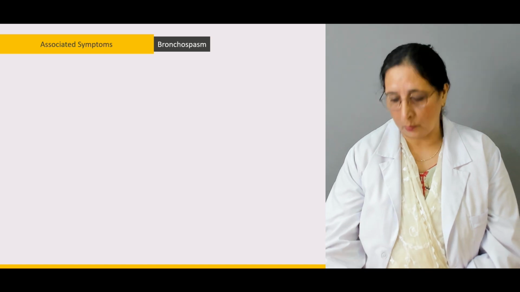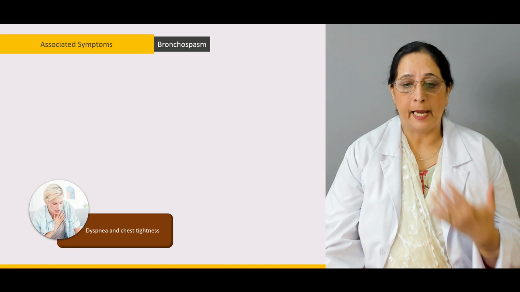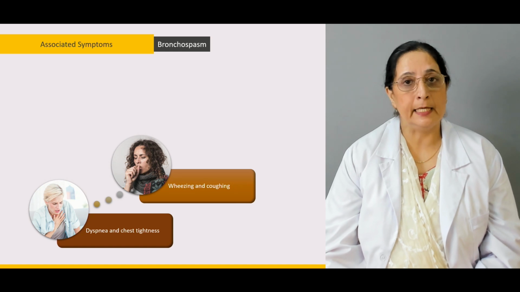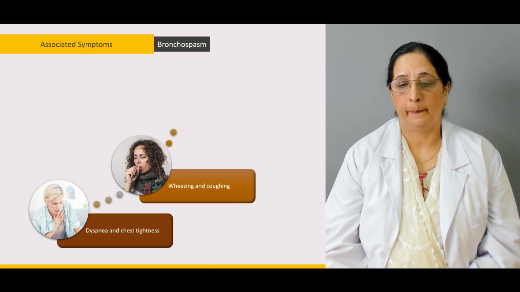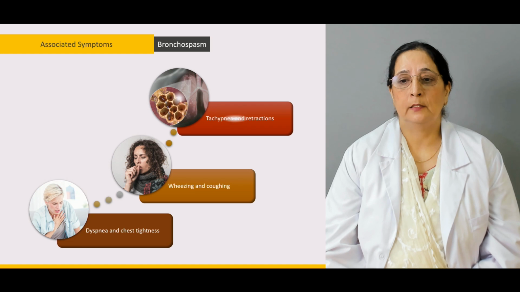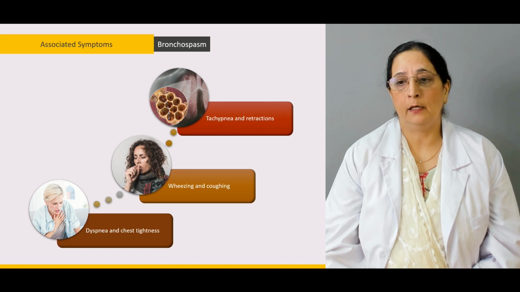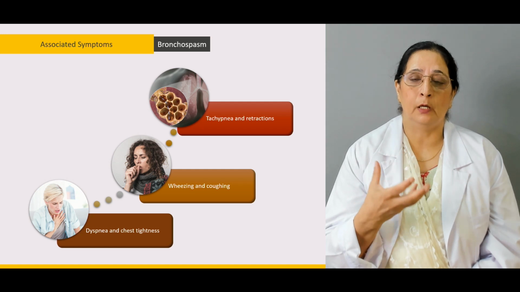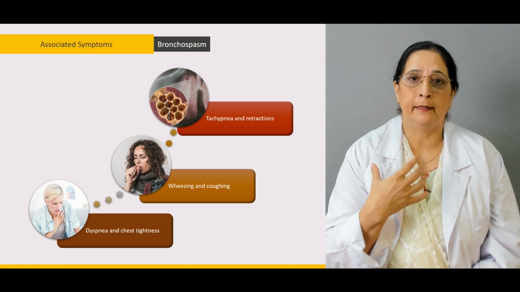So bronchospasm causes dyspnea and chest tightness, then wheezing and coughing. There is also tachypnea and retraction. There is fast breathing to overcome that air hunger.